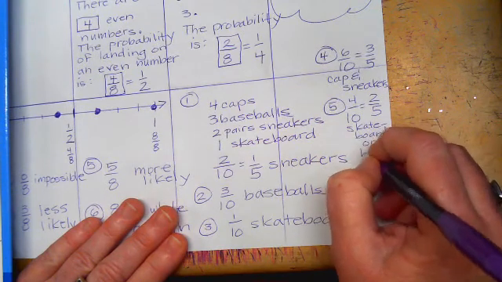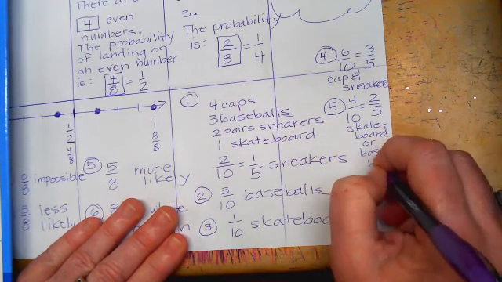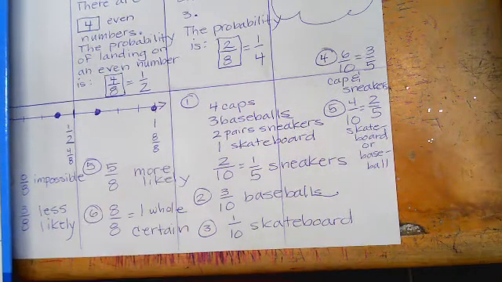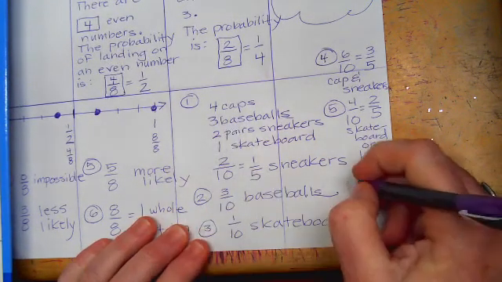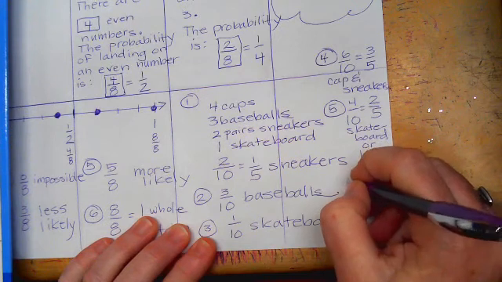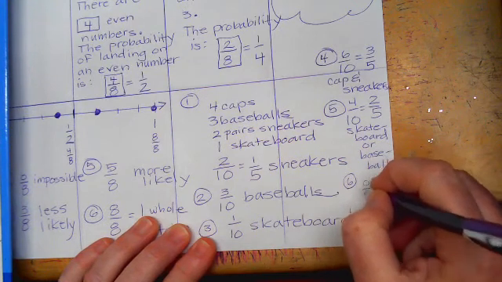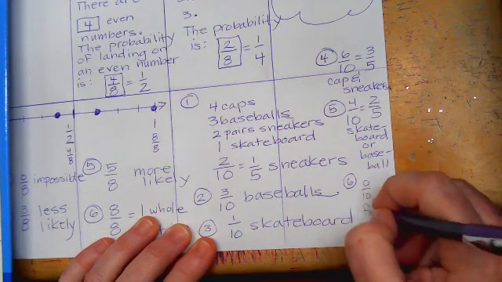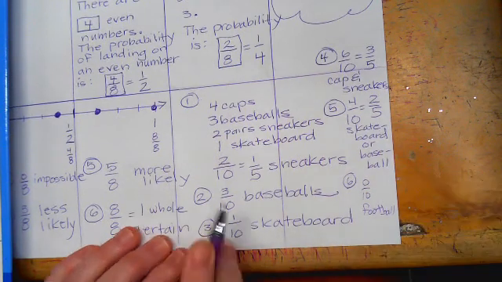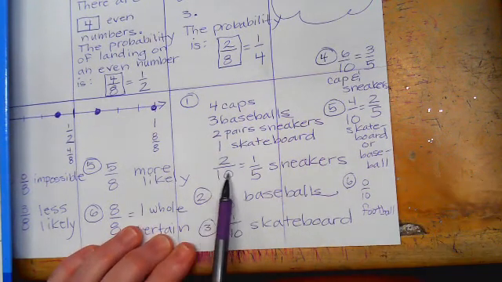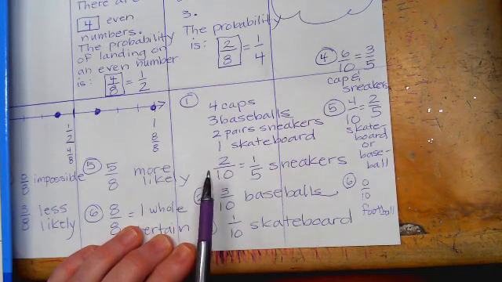And number 6, the probability of getting a football. Well, there's no football in here, so the probability is going to be 0 out of 10, right? For a football.